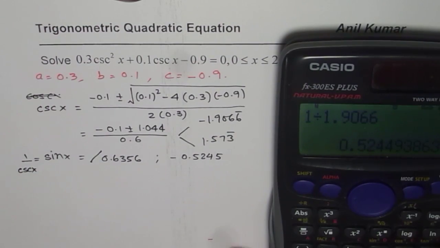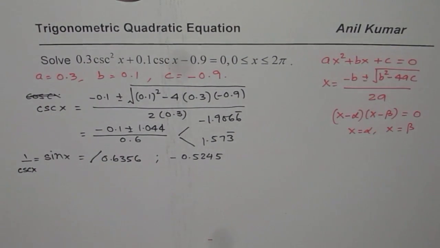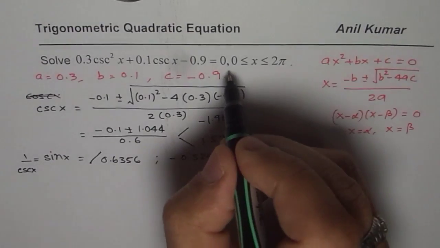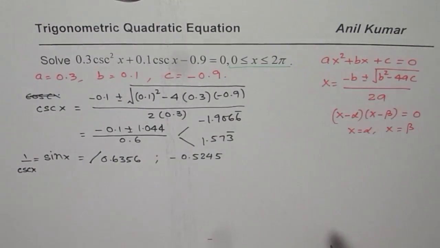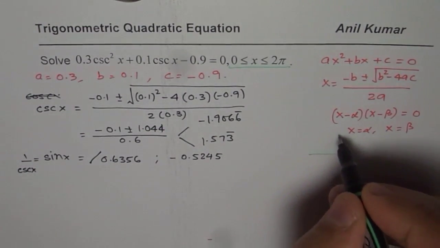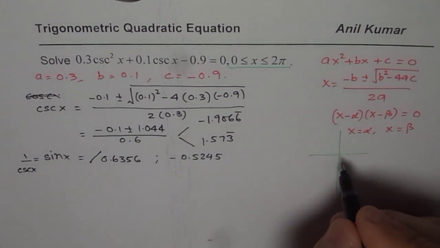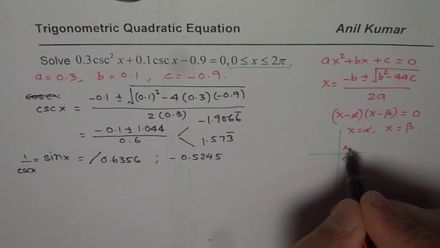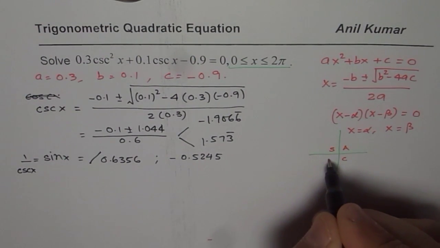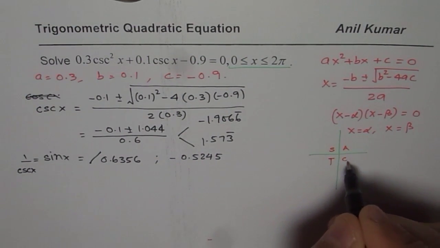Now we need to find what x is. The solution is to be given from 0 to 2 pi. If you remember the CAST rule, all are positive in quadrant 1, sine is positive in quadrant 2, tan in 3, and cos in 4.